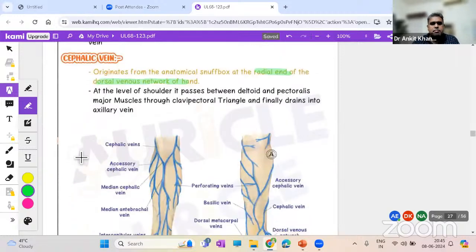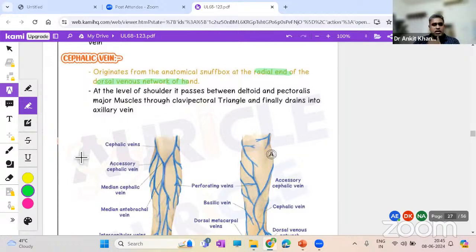Now, later on, you'll see that as the cephalic vein proceeds, if I may show you my shoulder over here, look at my deltoid, and this might be the pectoralis major over here. This is deltoid, that is pectoralis major. This cephalic vein actually runs in the deltopectoral groove, between the deltoid and the pectoral. Then as it reaches medially, it pierces the clavipectoral fascia, and then it drains into the axillary vein.